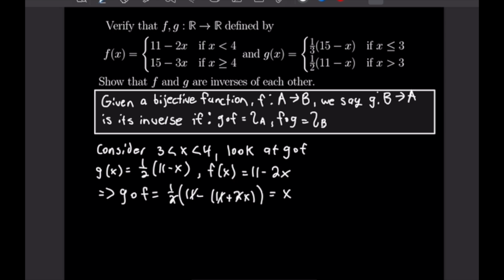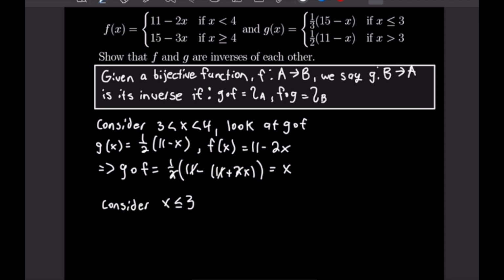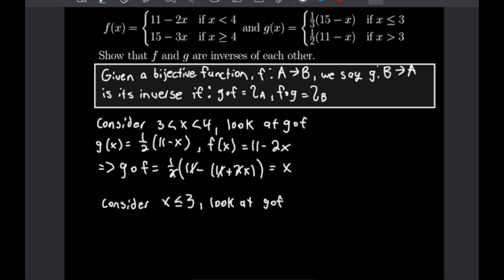So next, let's go ahead and look at the case where x is less than or equal to 3 to get all of the smaller cases than this range we just established here. And once again, we are going to look at g composed with f. So when x is less than or equal to 3, g of x will be equal to 1/3 times 15 minus x, and f of x will be equal to 11 minus 2x.